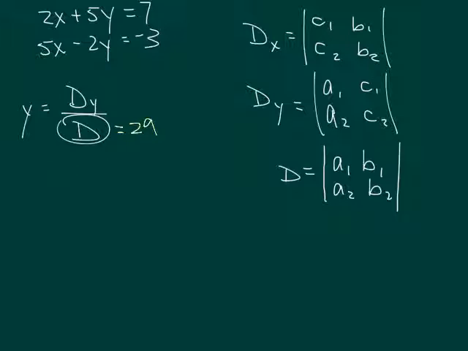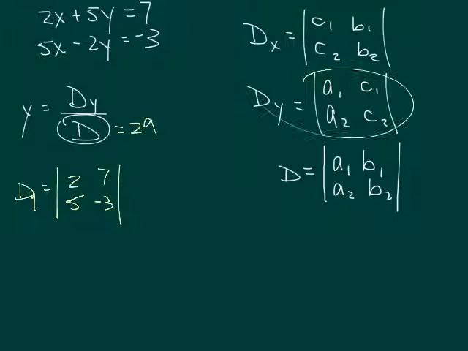So d of y is going to be this time my 2 and my 5, because that's my A column. And then my next column is going to be 7, negative 3, whoops, I'm sorry, I got that wrong. 2, 5, 7, negative 3. So that's my C column.